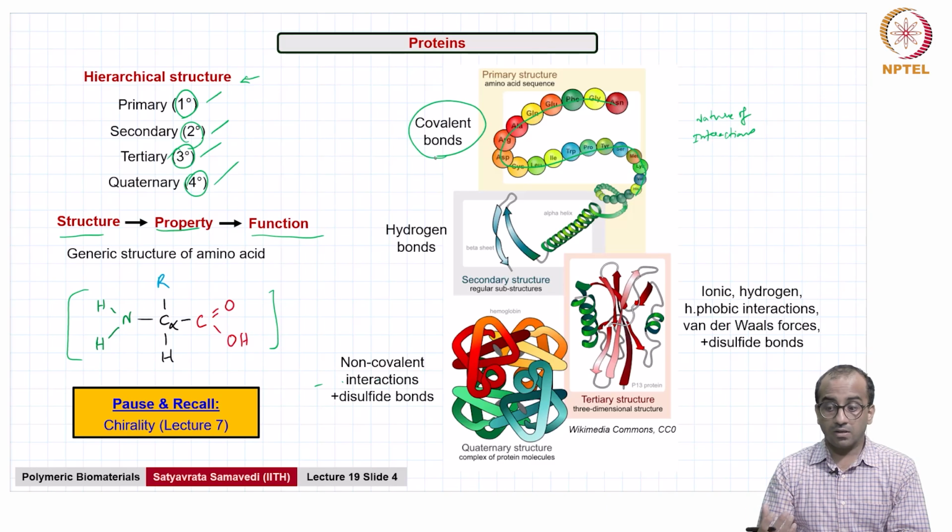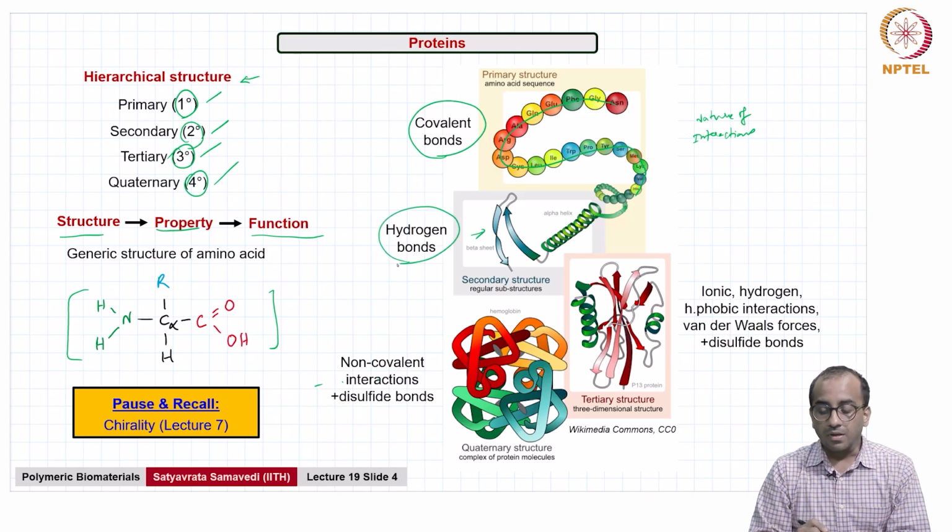And then when the protein starts exhibiting secondary structures or higher order structures, two examples of which are shown here, beta sheet and alpha helix, the primary bonds that we are talking about there are hydrogen bonds, which stabilize the secondary structures.